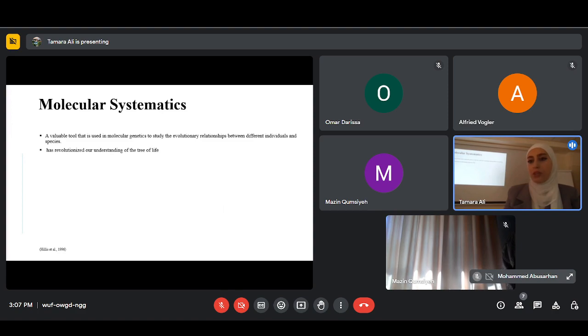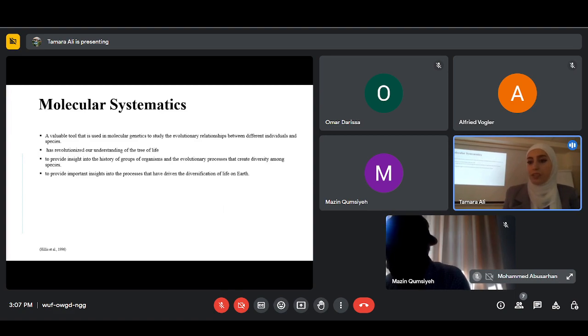A little about molecular systematics. Molecular systematics is an available tool used in molecular genetics to study the evolutionary relationships between different individuals and species, and it has revolutionized our understanding of the tree of life.